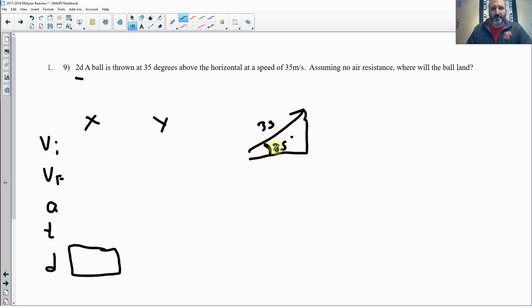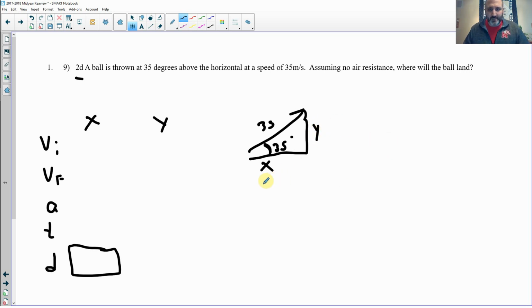So we need to know this is the VI total, which if we remember from my class at least, where do we put the 35? I hope you say nowhere, because 35 is just going to be used to get us the X initial velocity and the Y initial velocity.